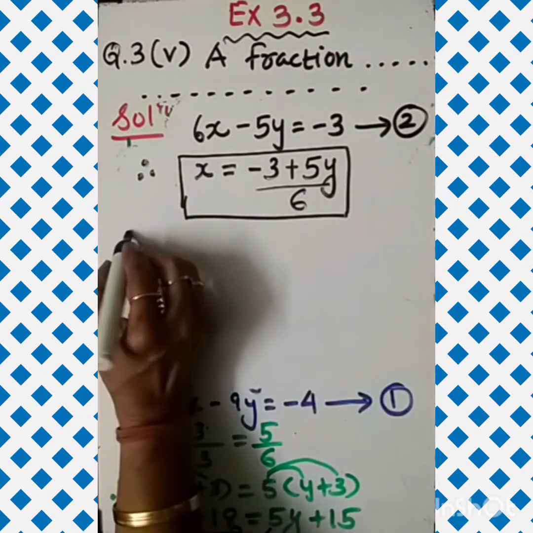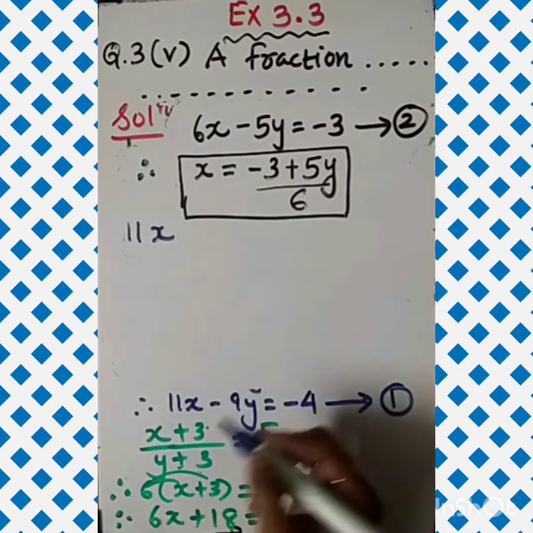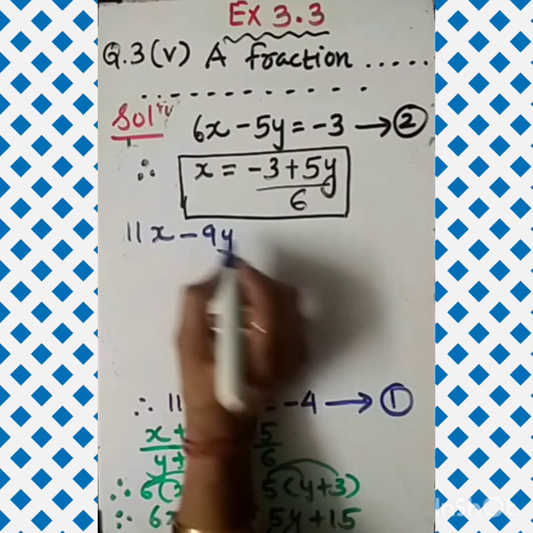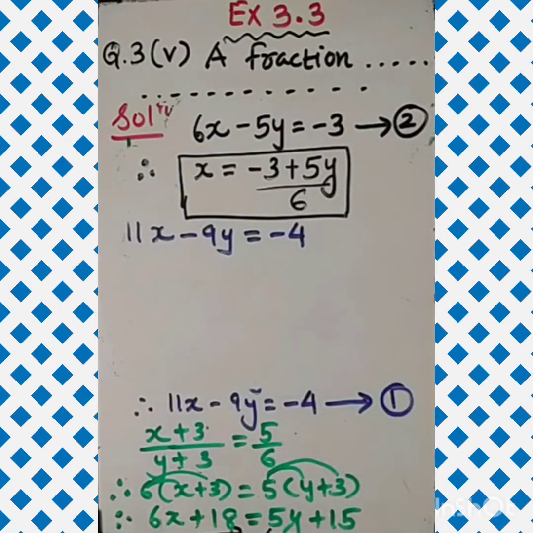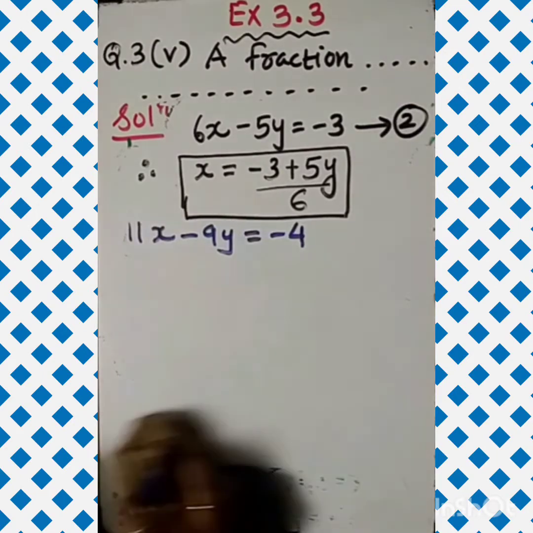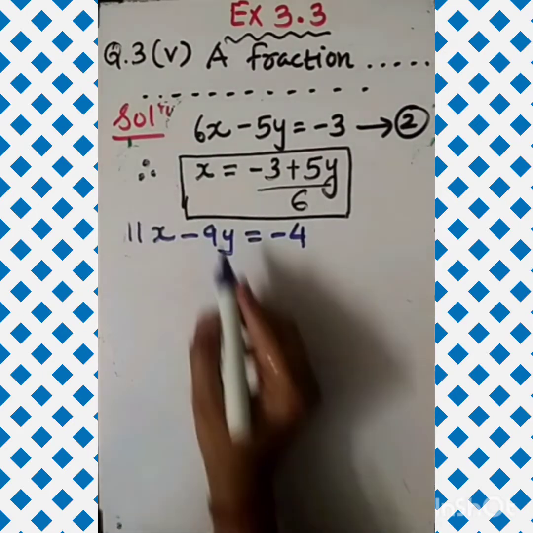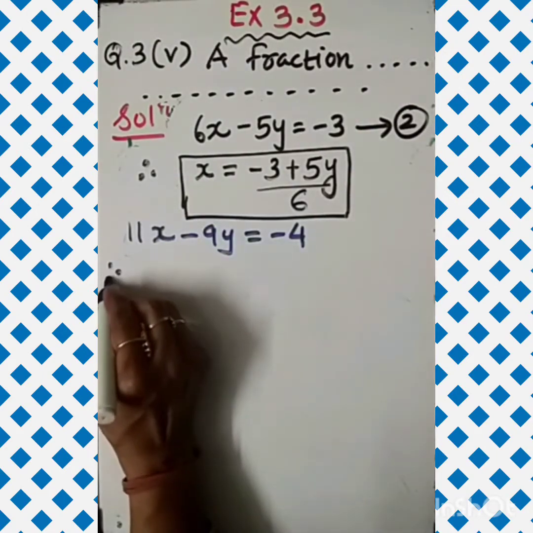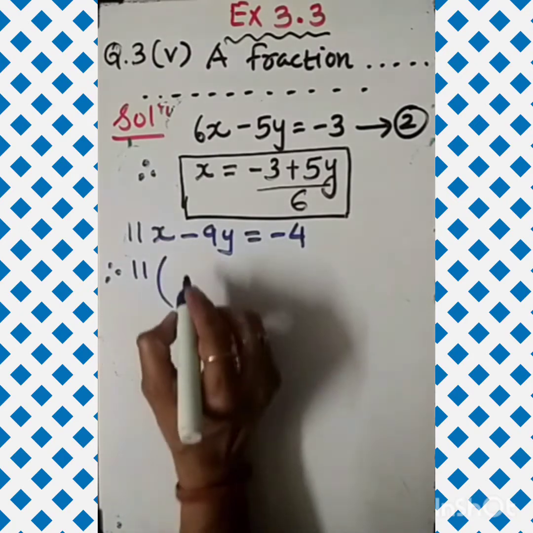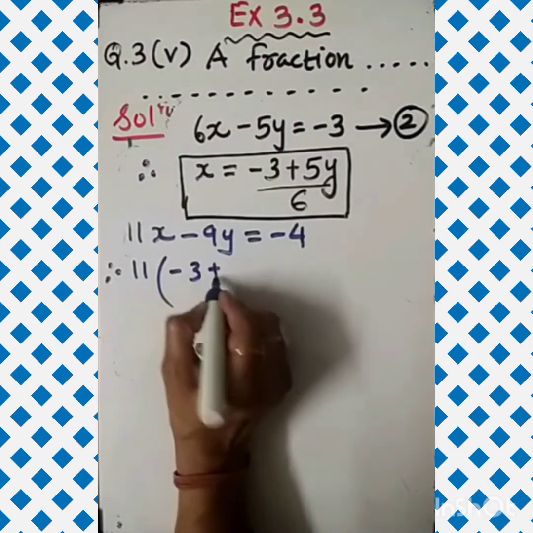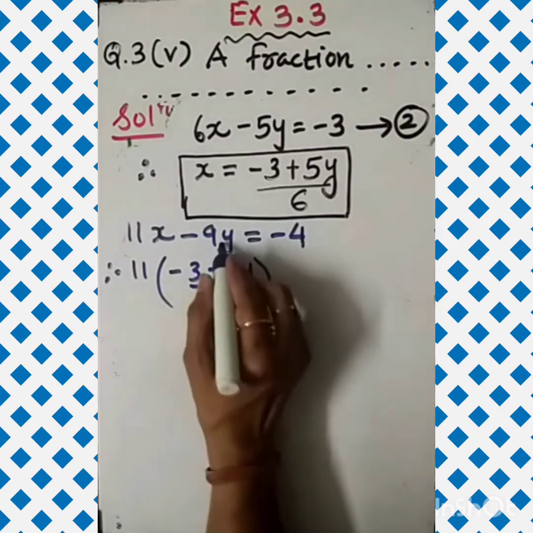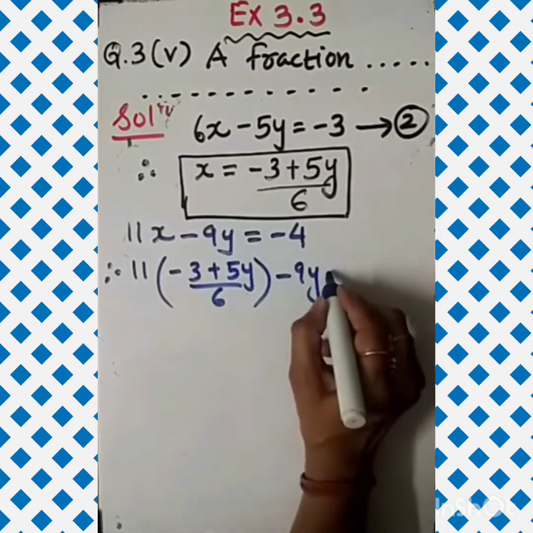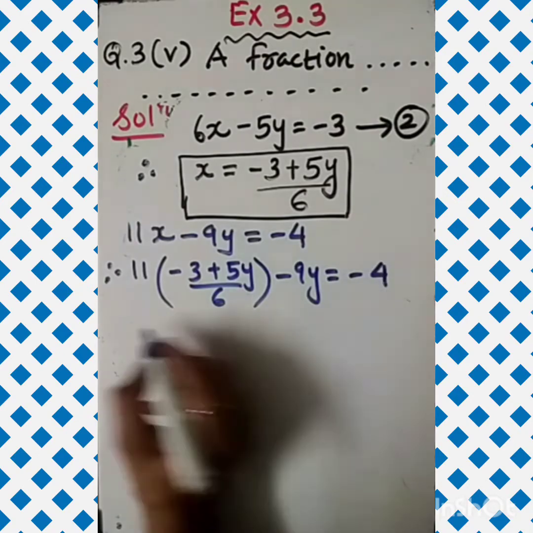So what is our equation 1? 11x minus 9y equal to minus 4. Simple. Now in this equation I am going to put the value of x. Observe carefully. This 11 is there, minus 3 plus 5y upon 6, and here minus 9y equal to minus 4.